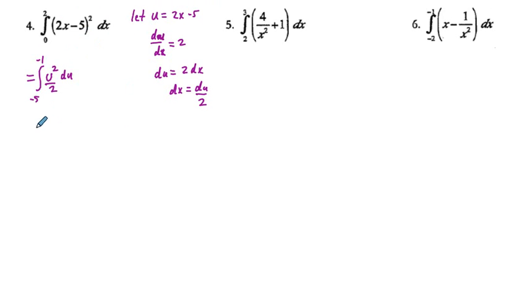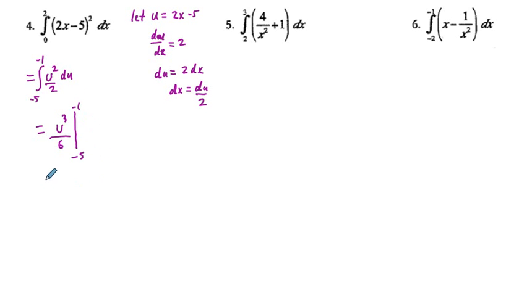So just working below here, we have the integral of u squared is going to be u to the third power, and we're going to take 2 times 3, because we're going to divide by 3, and 3 times 2 in the denominator is 6, so we have u cubed over 6, and we're going to evaluate that between our adjusted limits of integration, which is going to be negative 5 to negative 1.